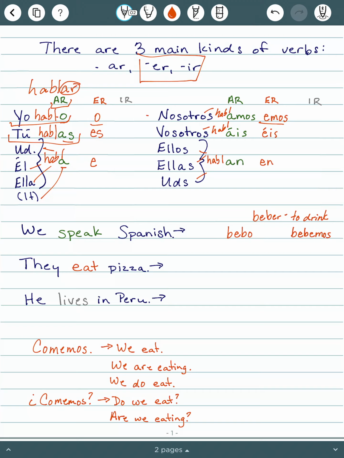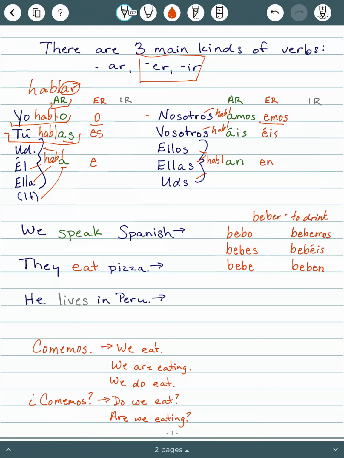If I want to say you are drinking, or maybe I want to ask you, are you drinking enough water? Then I'm going to take off the ER again. You is tú, the ending is ES, bebes. So that's all we do for all 6 of those conjugations. He, she, you formal, it's an E. Vosotros, éis. Ustedes or ellos or ellas, replace it with an EN.